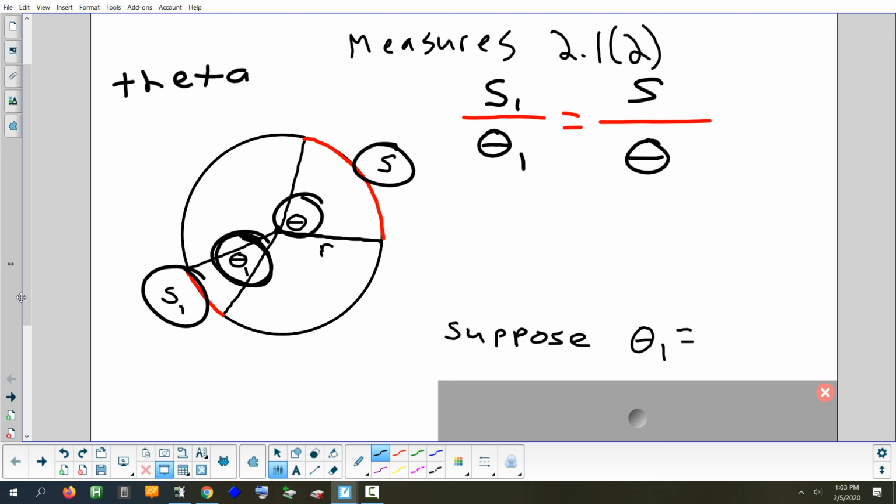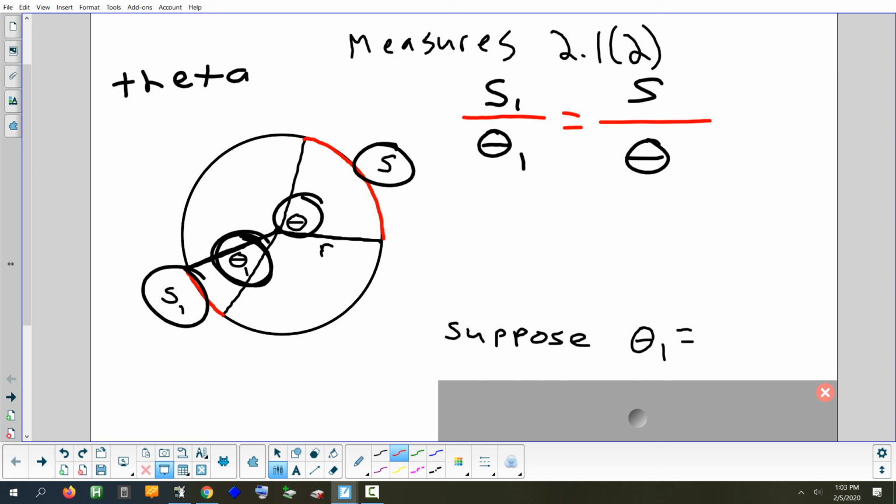Anybody remember what it was? If the ray was the same length as the what? It's the arc, yes. If you make that ray and that arc the same length, I know that picture's not to scale, but if they were the same length, how big would it make that angle automatically? Yeah? 1 radian.